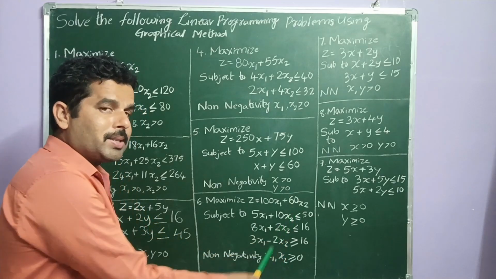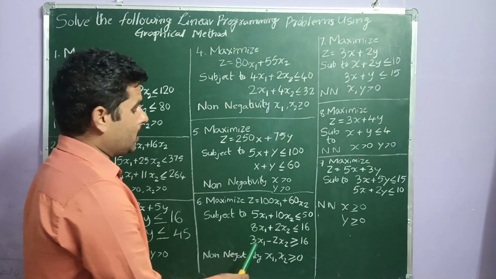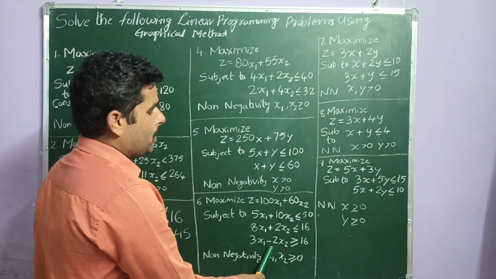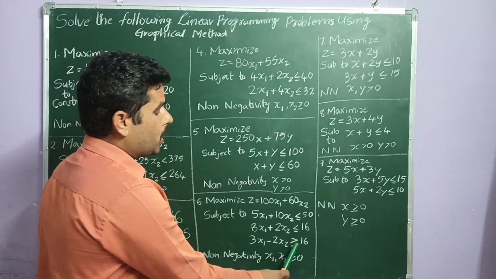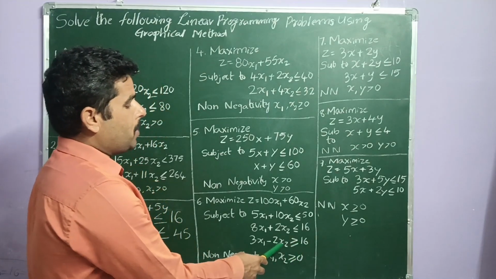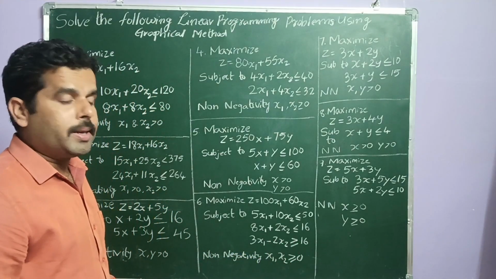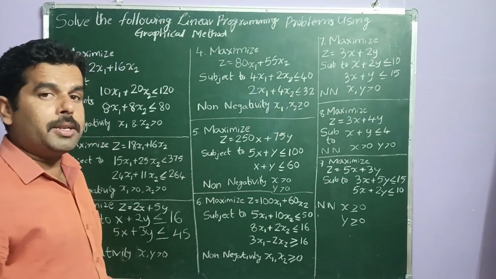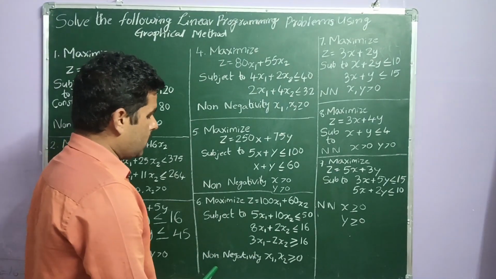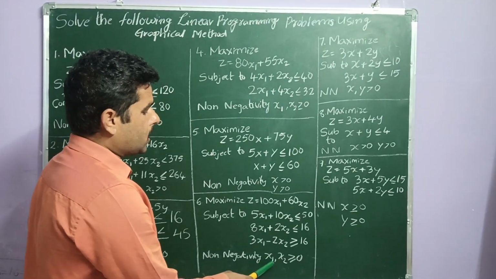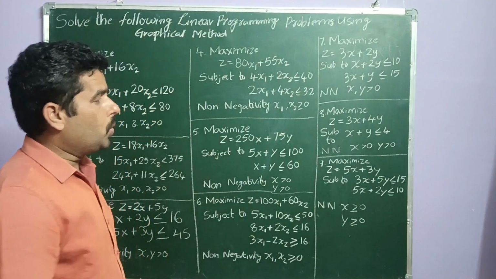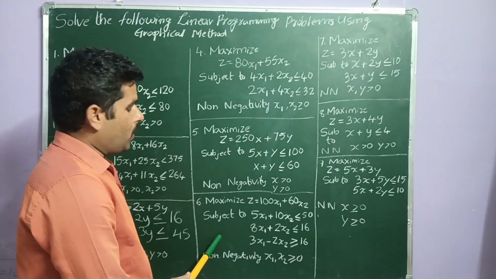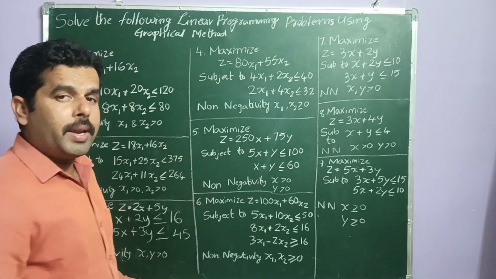In addition to these constraints, I am adding one more constraint, that is 3x1 - 2x2 ≥ 16. See here, a minimization-type constraint we are going to include. Maximization as well as minimization is included. The next one is non-negativity: x1, x2 ≥ 0. While we are solving this problem, please listen very carefully.